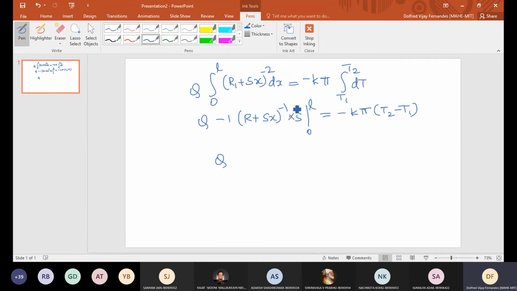So this will be minus 1. Then this is 1 by minus 1. So we have 1 by S. Is it correct? Is something wrong? No.